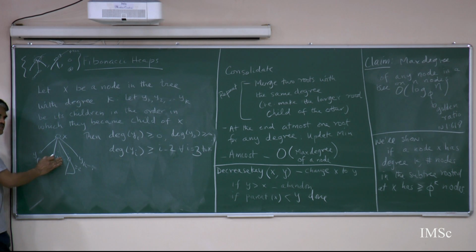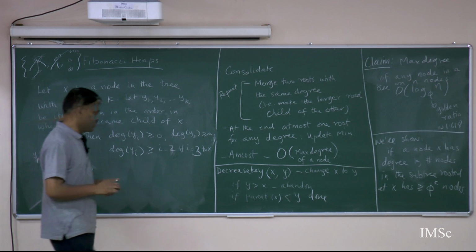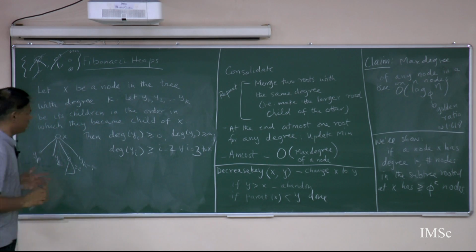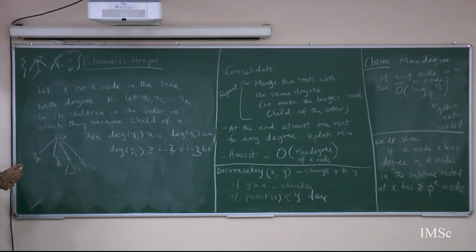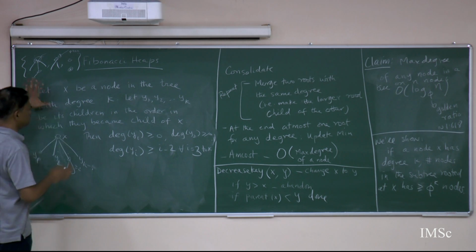So its degree is currently at least i minus 2. This is the crucial lemma. This is where we use the fact that we never allow more than one cut, and then everything else will follow. So this is the proof of this lemma.